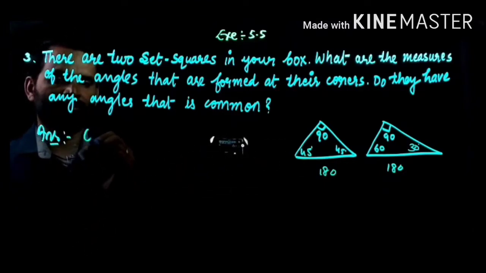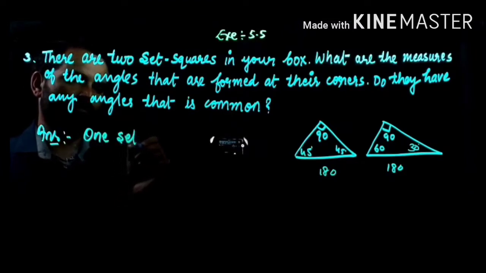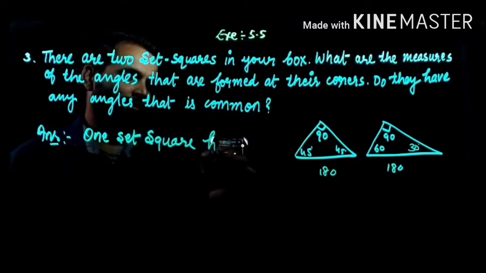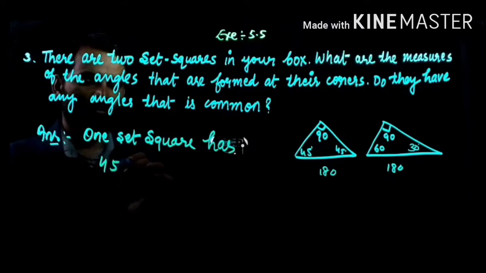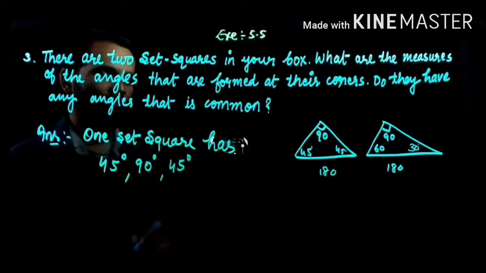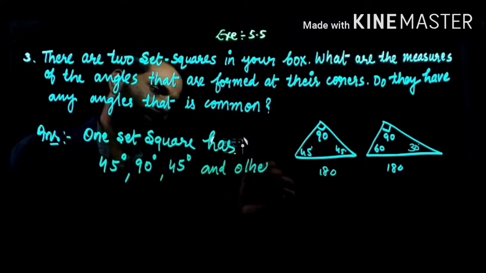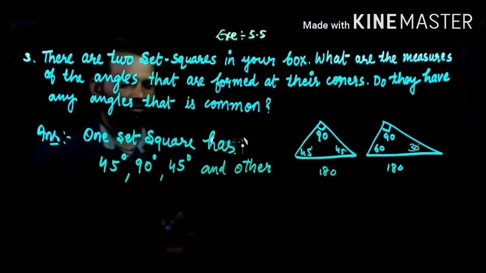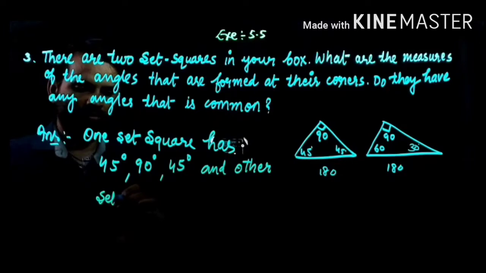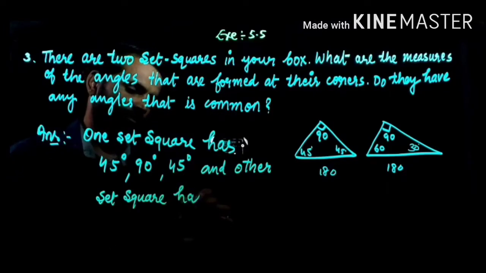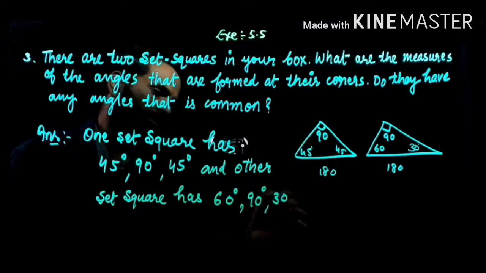The answer is that one set square has 45 degrees, 90 degrees and 45 degrees. Okay, these are the angles. The other set square has angles 60, 90 and 30.